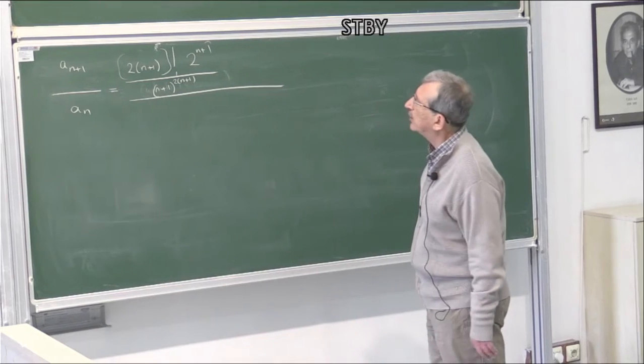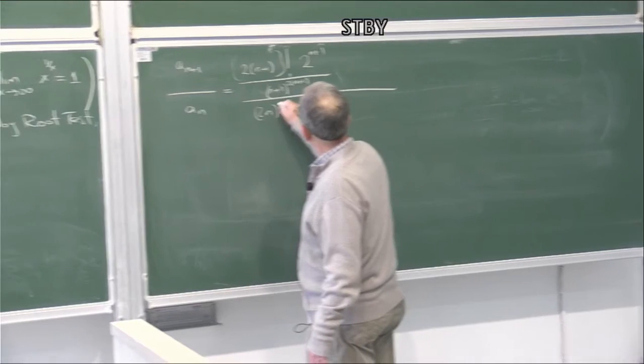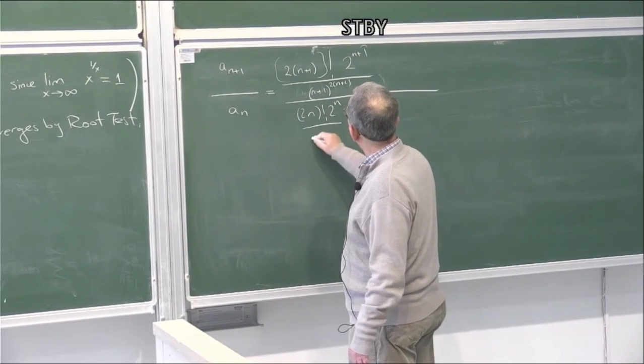This is a_(n+1). Now, a_n was (2n)! 2^n over n^(2n).